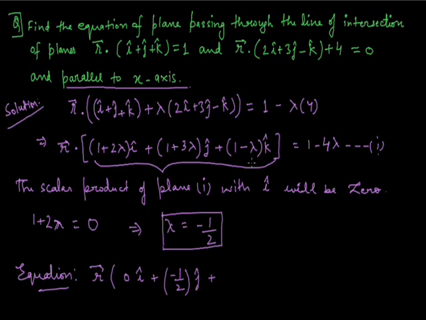Similarly, when you put the value of lambda over here, you will get 1 plus 1 by 2, that is 3 by 2, so it is going to be 3 by 2 k cap) equals to 1 minus 4 times minus 1 by 2, that is 3.